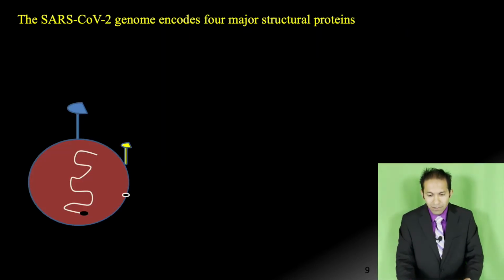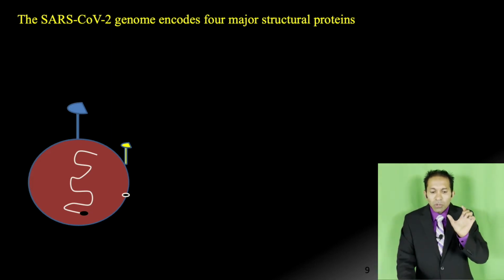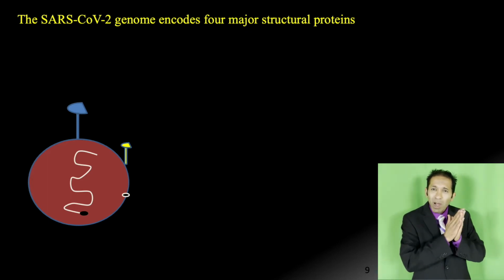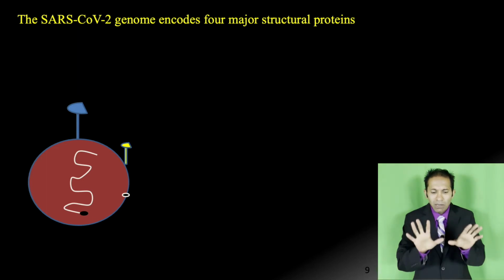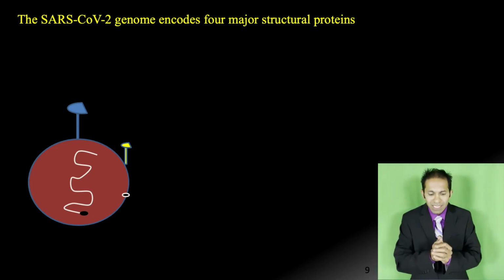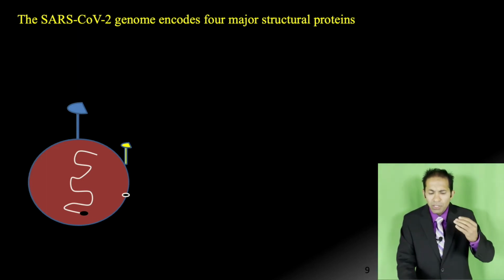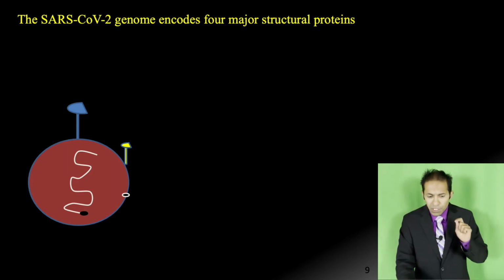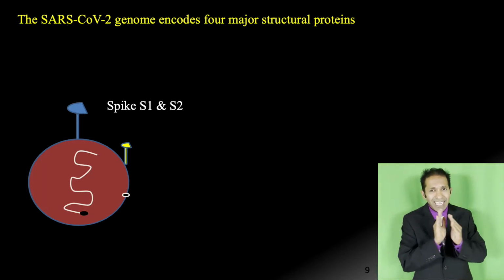Let's go to the next slide and talk about the SARS-CoV-2 genome. In order to understand why we are using antibody, we have to understand the structure of the virus. So SARS-CoV-2 genome encodes 4 major proteins. The first protein is spike protein. It has 2 units, S1 and S2.